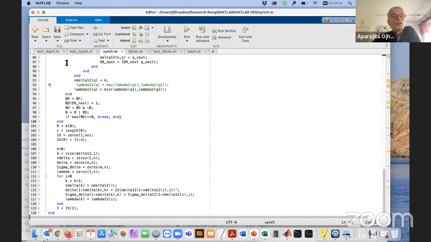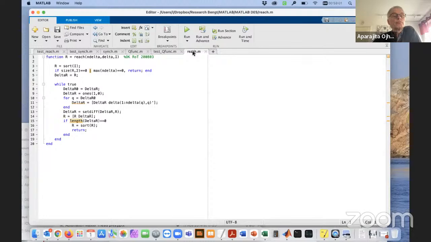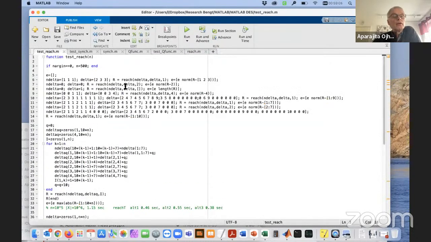And for all of these functions, I have a test function above. So that means that, say, for instance, for this reach function, I will deliver this function, which means that you can just write test reach without any parameter, if you like.